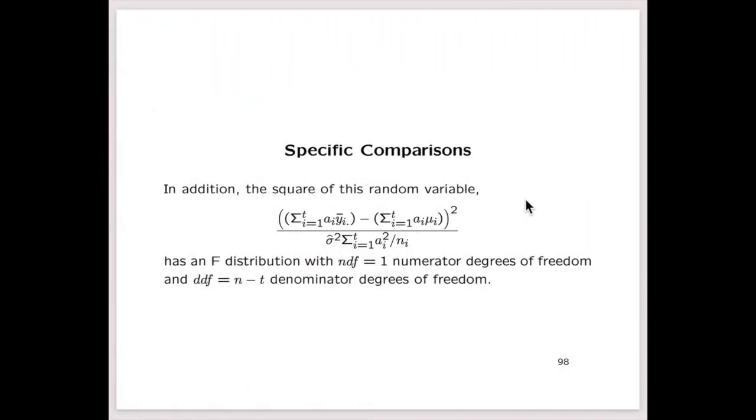Now, in addition, if we square that random variable, then the squared version of this random variable has an F distribution with one numerator degree of freedom and n minus t denominator degrees of freedom.